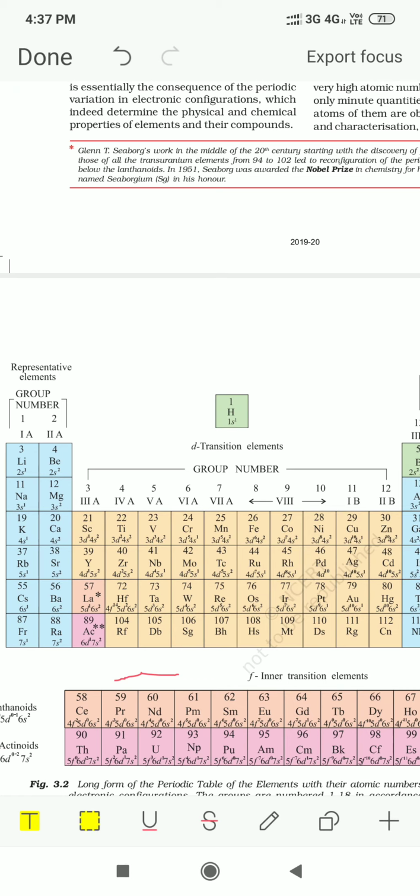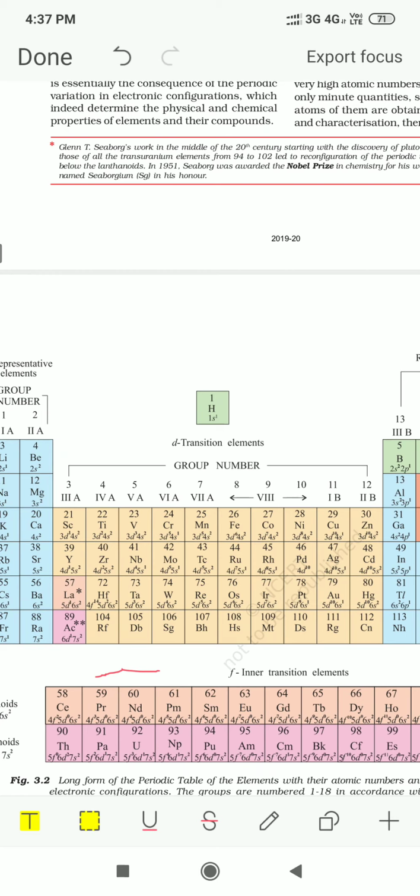The third transition series starts from lanthanum and completes at mercury, and the fourth transition series starts from actinium and ends at atomic number 112.